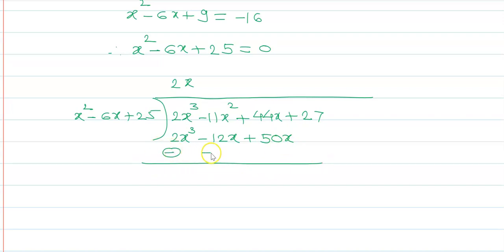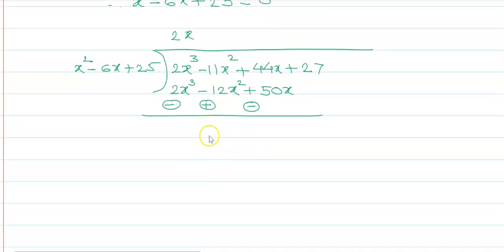Minus, plus, minus. 2x cube minus 2x cube gets cancelled. Minus 11x square plus 12x square, you are getting here x square. Okay. Plus 44x minus 50x, minus 6x. Plus 27.